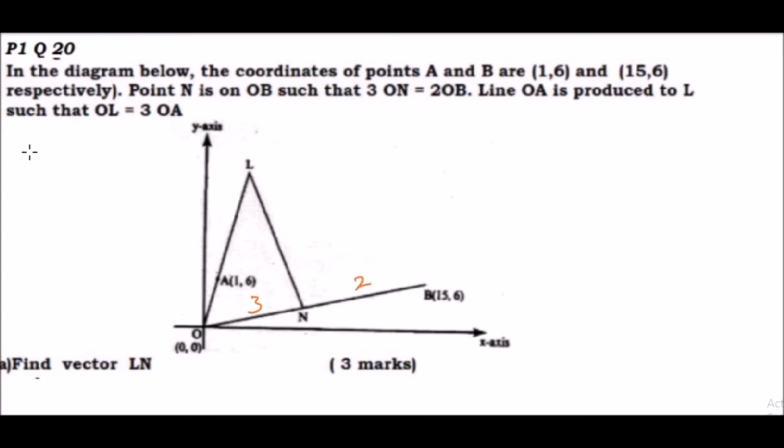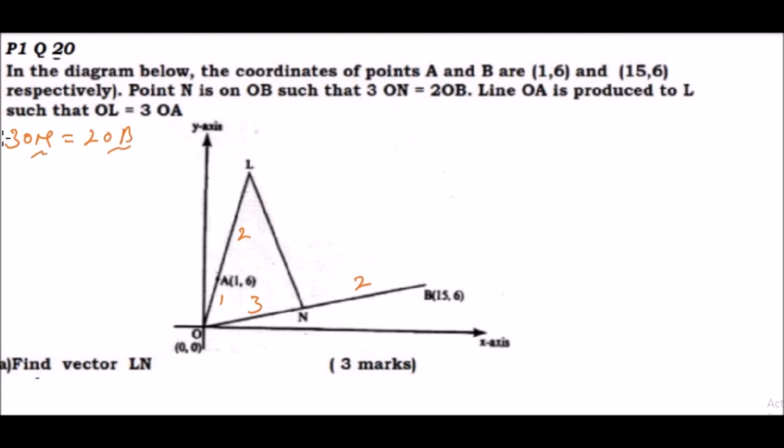Line OA is produced to L such that OL is equal to 3OA. So we can say that is 1 and that is 2, so that OL is 3OA. Find vector LN. So we can start by saying 3ON is equal to 2OB.